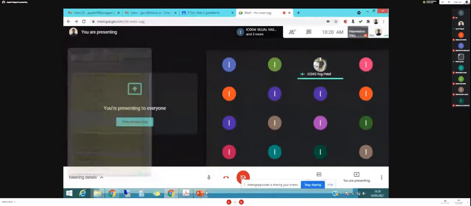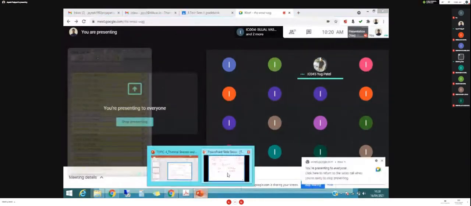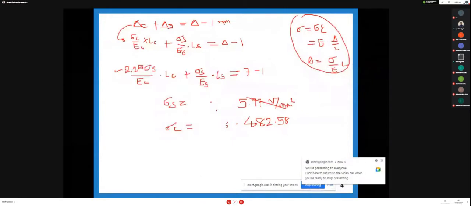Sigma s 2.14 into 10 to the power 8, and sigma c is 4.81 into 10 to the power 8. 10 power 8. Yes, sir. It's not possible. That value. Something wrong.